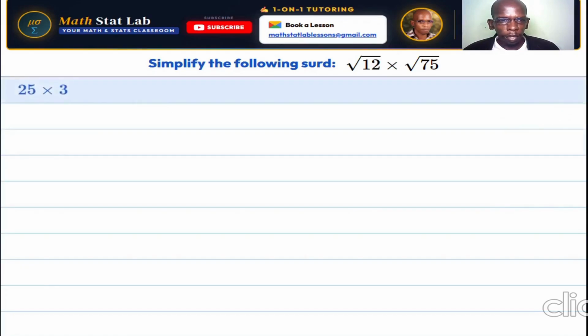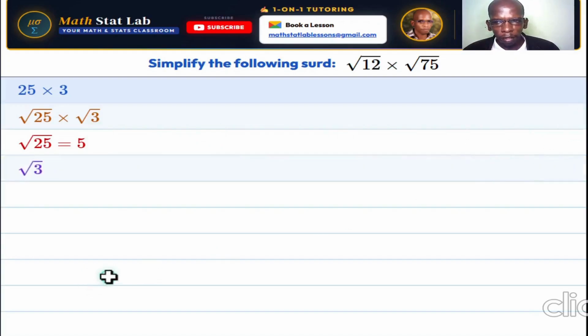So now that we remain with 25 by 3, we apply the square root because here we had the root. So it becomes the square root of 25 multiplied by the square root of 3, which of course 25 by 3 is 75. From there, the square root of 25 is 5. It has an exact square root. But the root of 3 is not an exact square root, therefore we don't simplify it, it just remains the same.